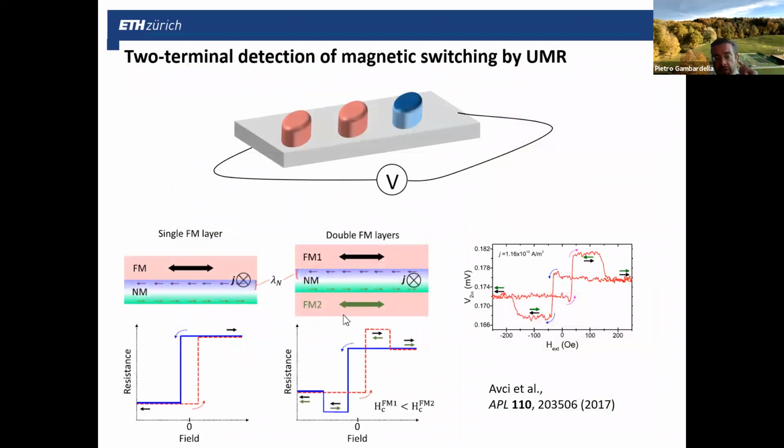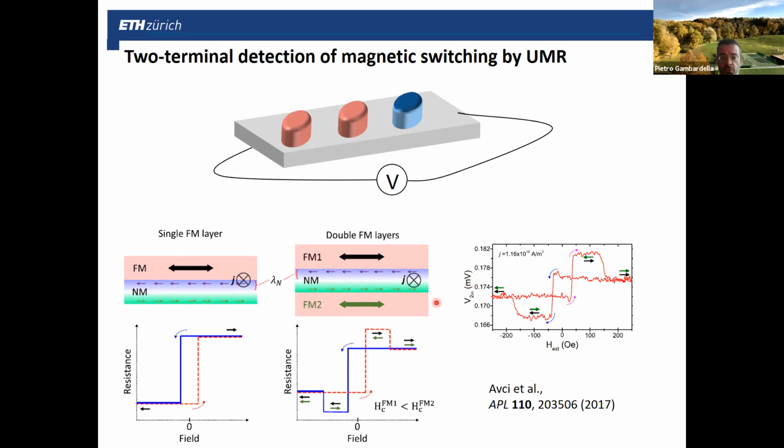So what can you do with such an effect? For example, you can use it to determine the absolute orientation of the magnetization of small magnets by performing just a two-terminal resistance measurement. And this will give you two levels of the resistance for magnetization pointing right or left. But you can also fabricate a system where you have two ferromagnets sandwiching a non-magnetic conductor.